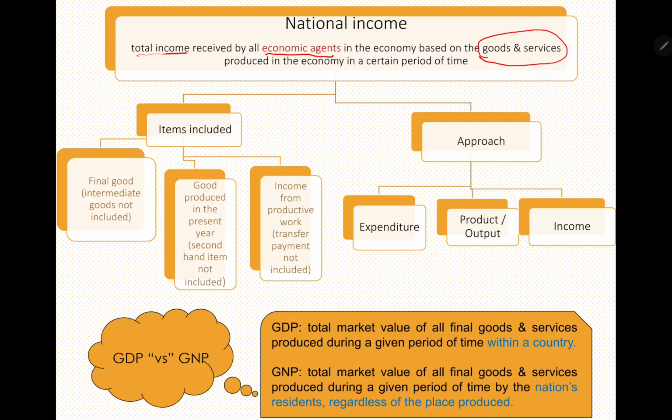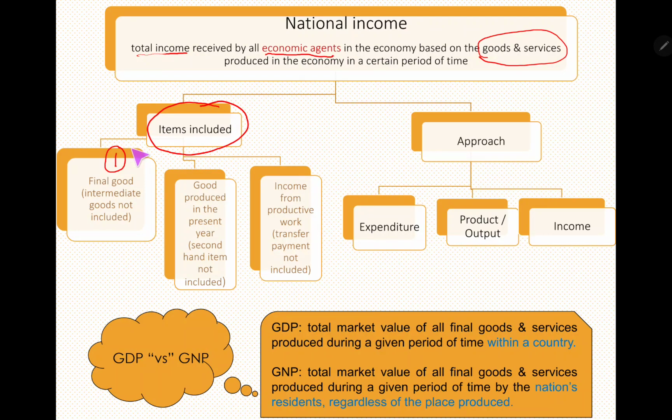Okay, and then in the calculation of national income, there are a few things that you need to remember in terms of the items that you need to include and exclude from the calculation. First, when you calculate national income, we will only include final goods.